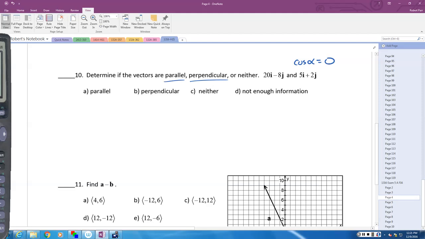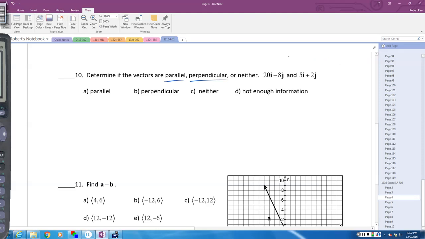All right. Now, if the dot product equals the product of the magnitudes or the opposite of the product of the magnitudes, then they're parallel. But going through that whole process, you're going to have to find the dot product and the product of the magnitudes anyway.